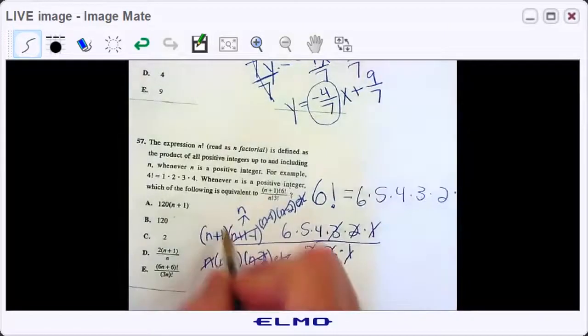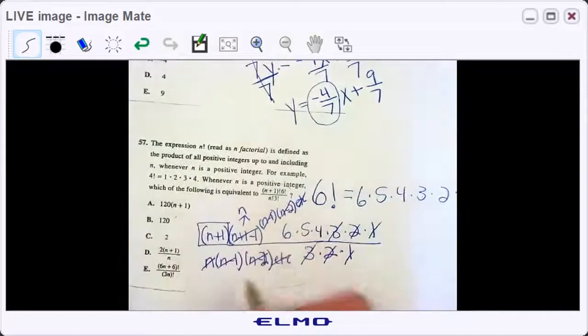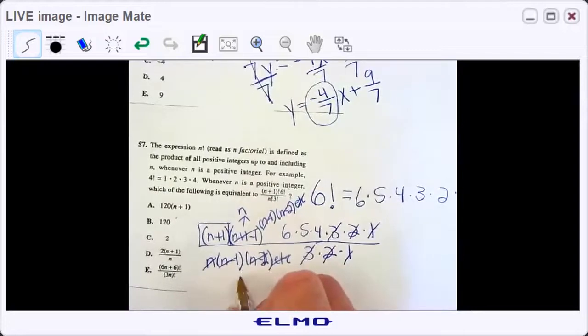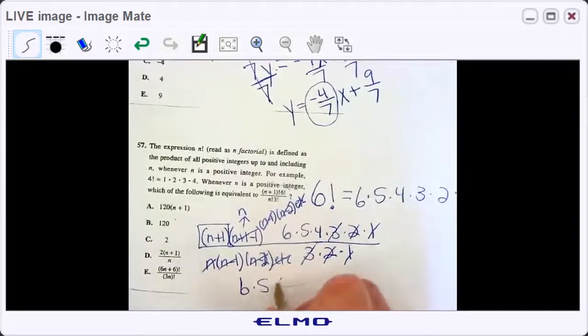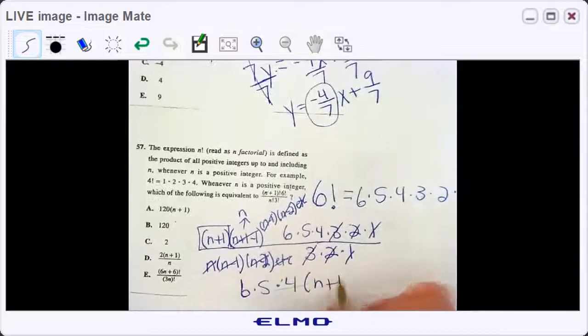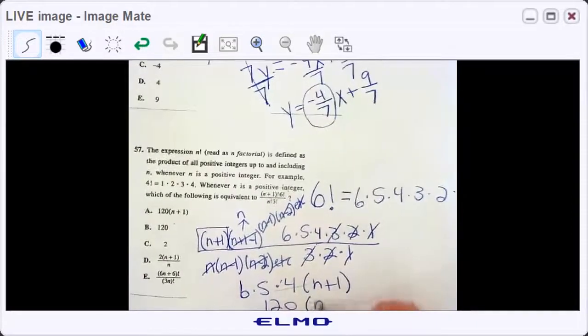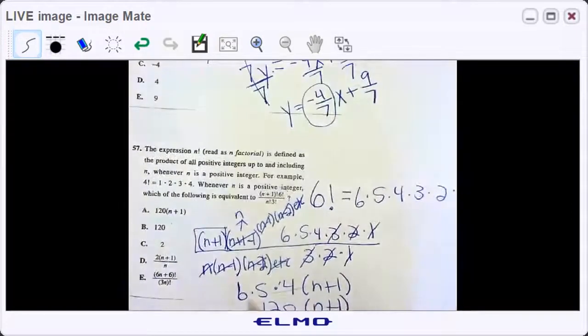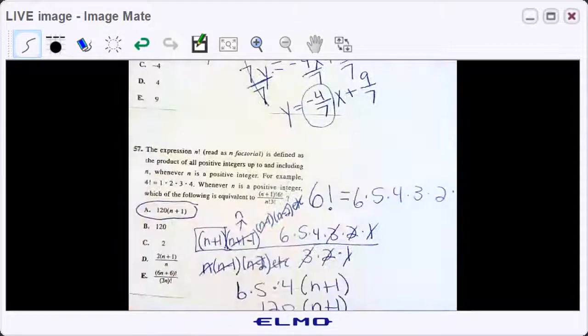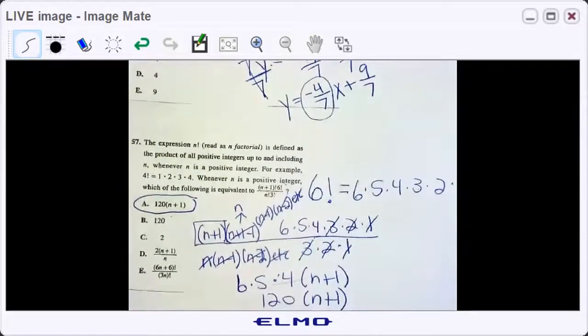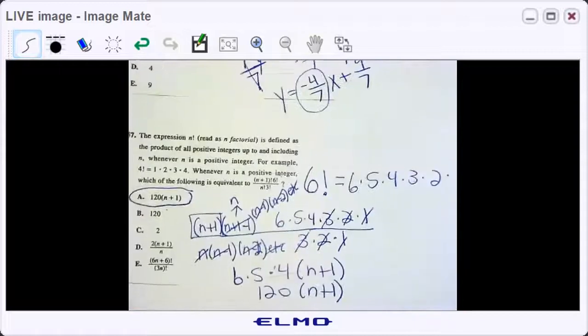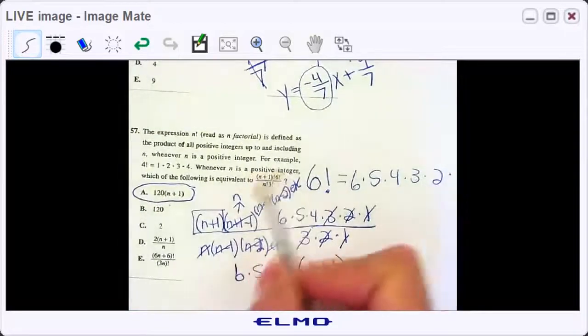So what I'm left with is this single term, n plus 1, and of course, the 6 times 5 times 4 is still left as well. And I already said that was 120. So 120 times n plus 1 would be the same expression as this stuff.